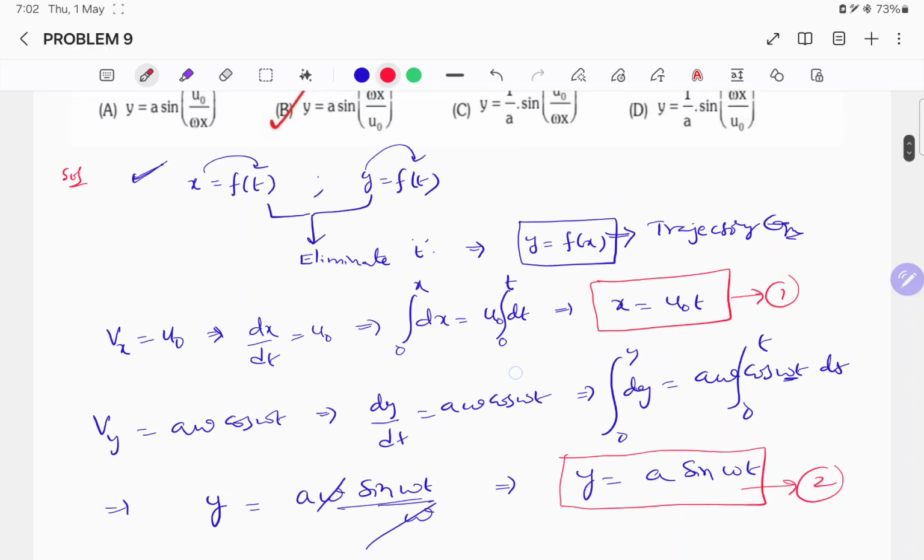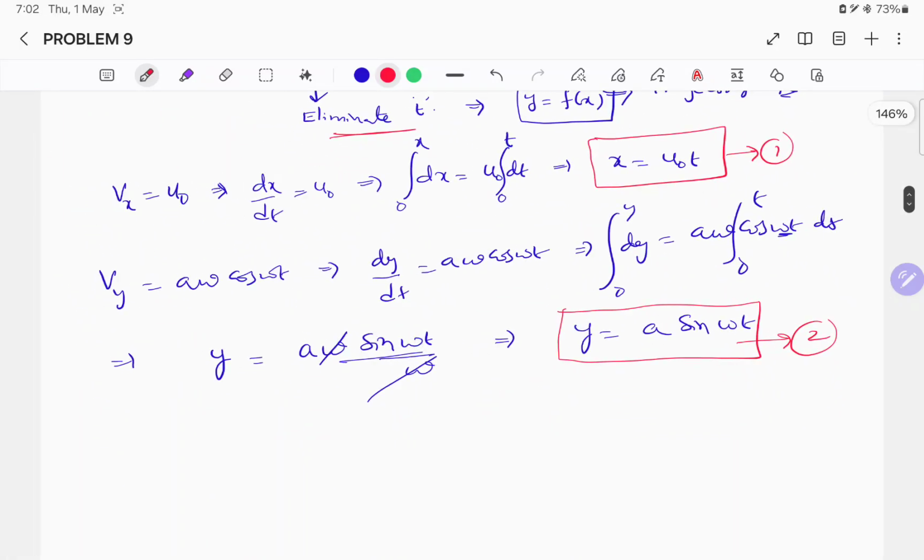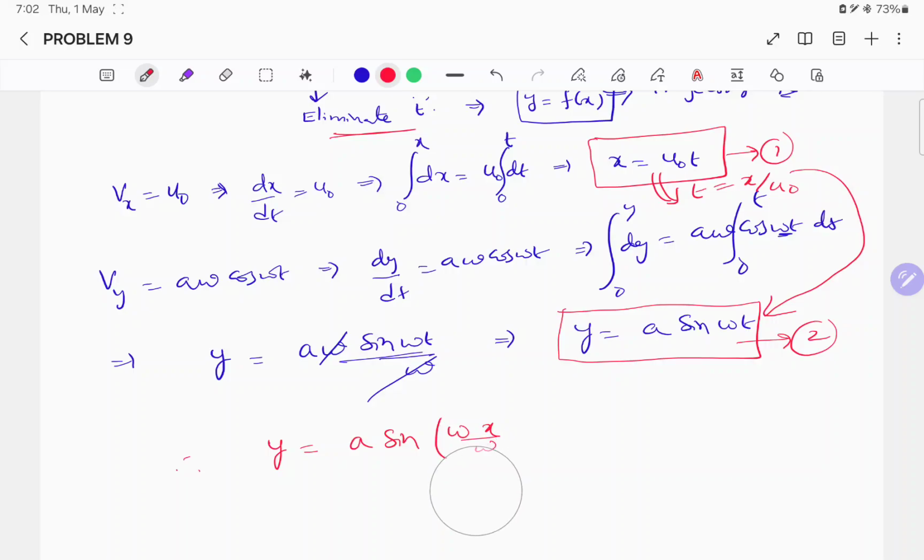Now we have x as a function of time and y as a function of time, so eliminating t is our next procedure. From equation 1, can I write t equal to x by u0? Let us substitute that in equation 2. Therefore y equal to a into sin of omega t, with t as x by u0.